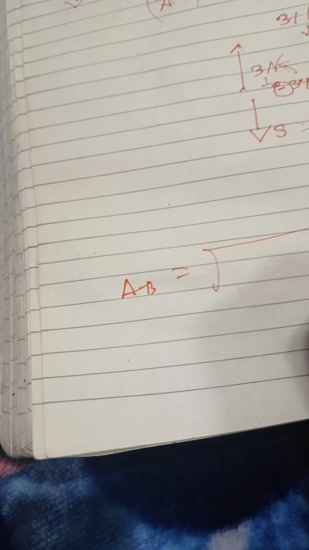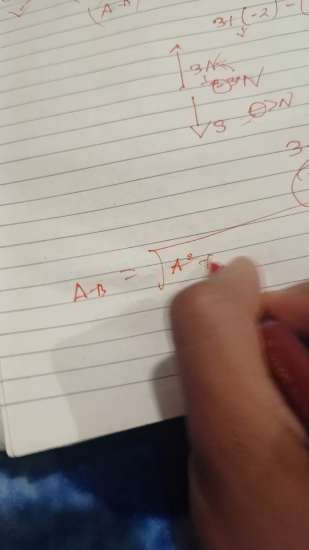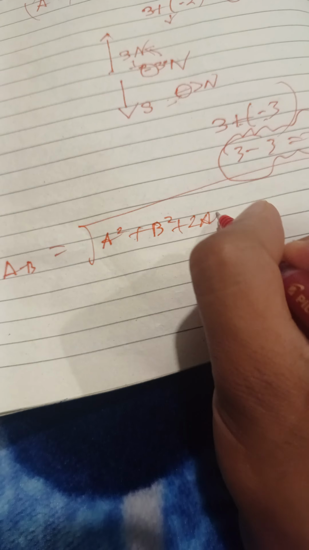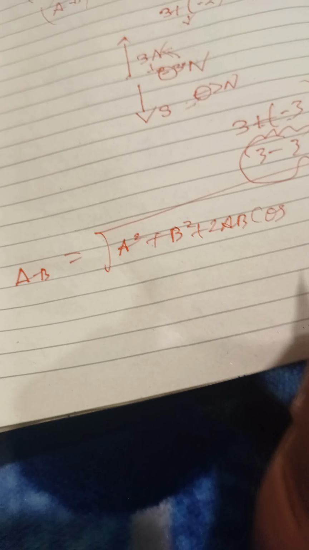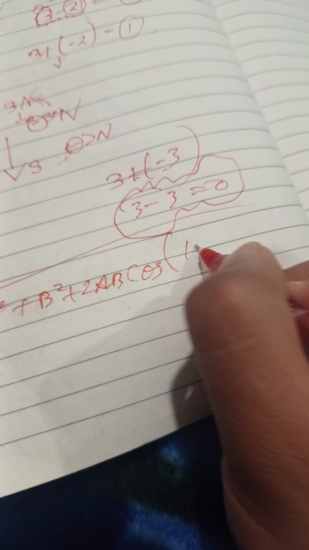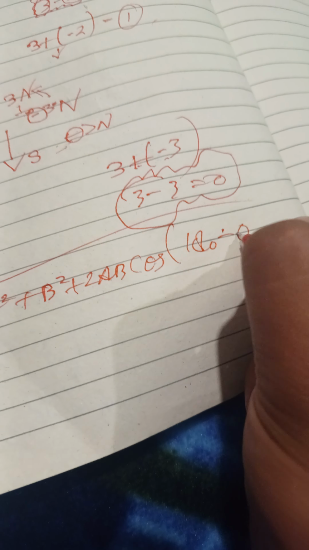So I will do a minus b, that is a square plus b square plus 2ab cos, and the angle here is 180 minus theta.